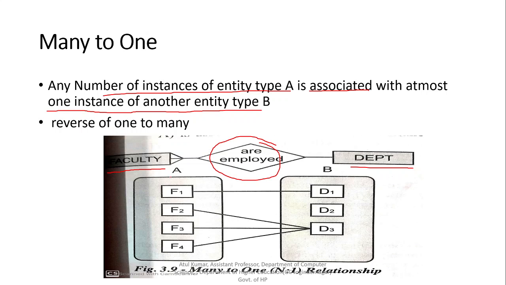So many faculties are employed in one department, so this kind of relationship is called many to one relationship.